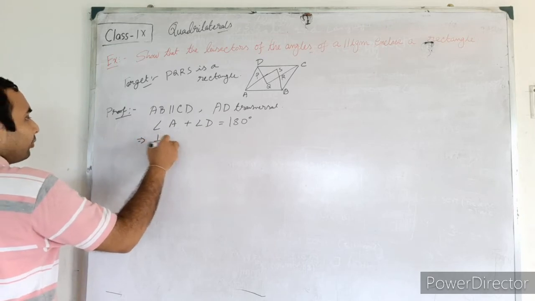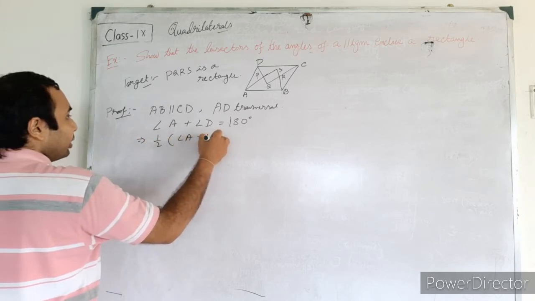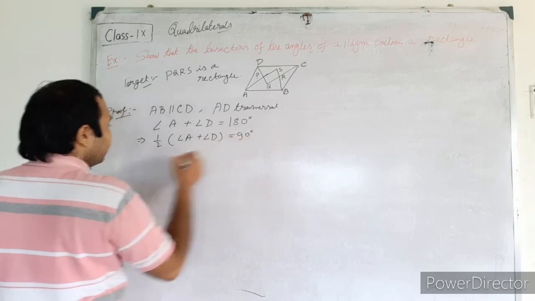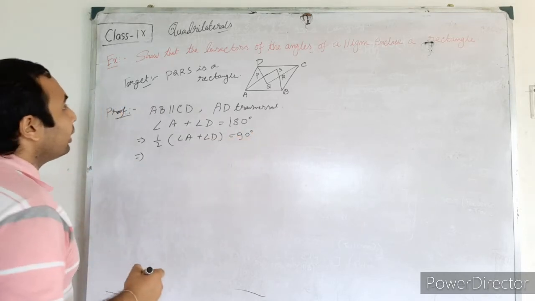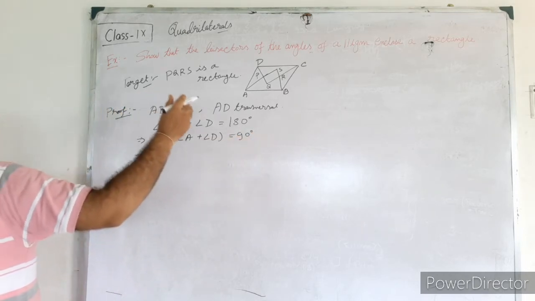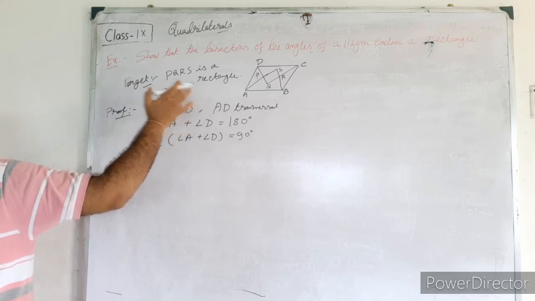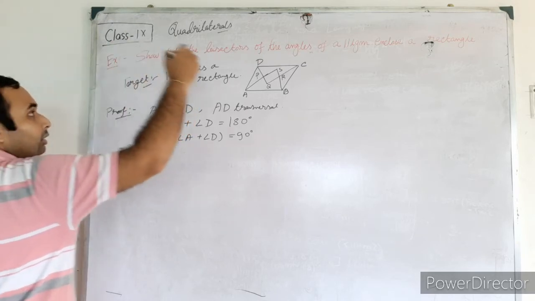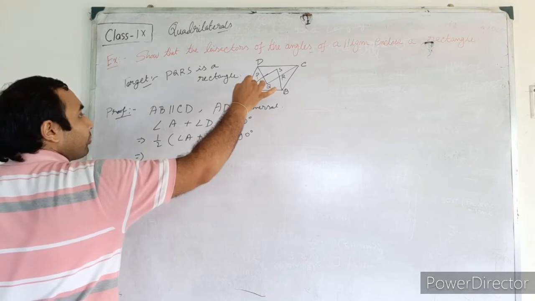So half of angle A plus half of angle D is equal to 90 degrees.